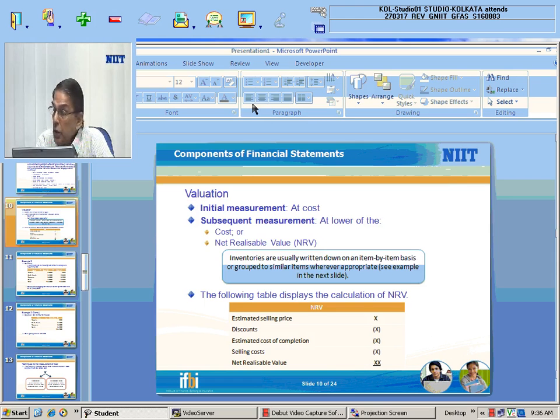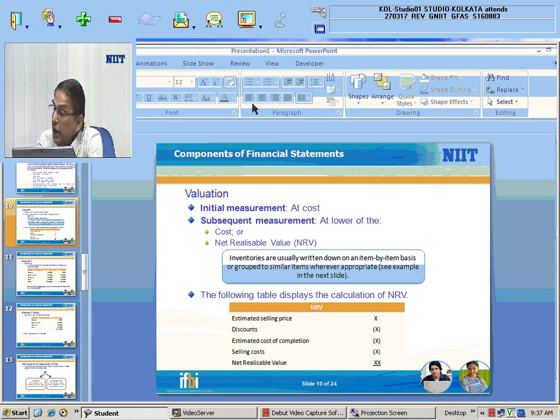The inventories are usually written down on an item by item basis. So each item of inventory can be looked at. The cost of the inventory as per the books is compared with the net realizable value, the estimate for that. And if necessary, writing down can be done. Writing down can be done item by item, or inventories can be grouped into similar items whenever appropriate.